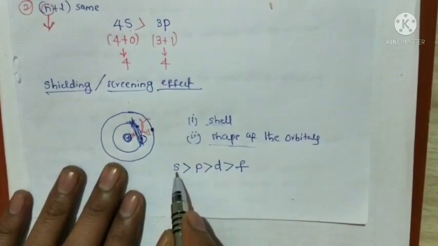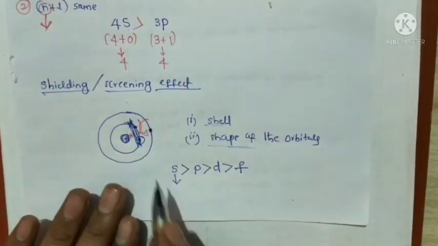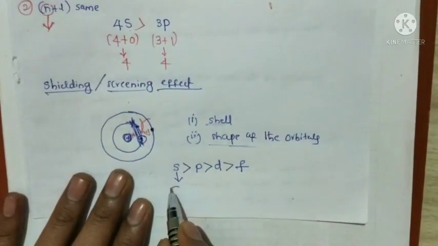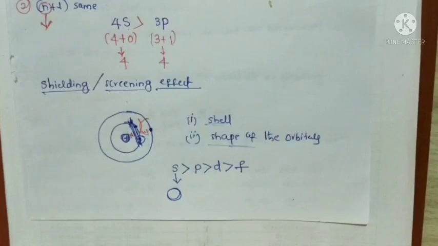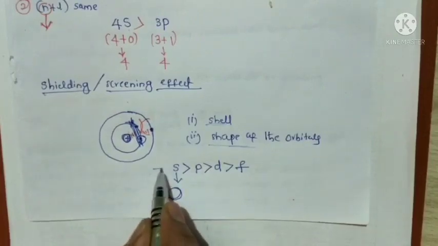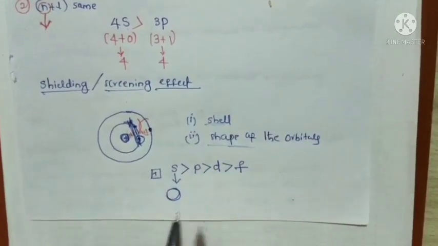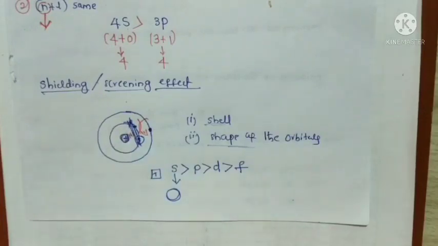Why? Because s orbital has a spherical shape, that's why electrons in s orbital shield the nucleus power on the valency electron more.